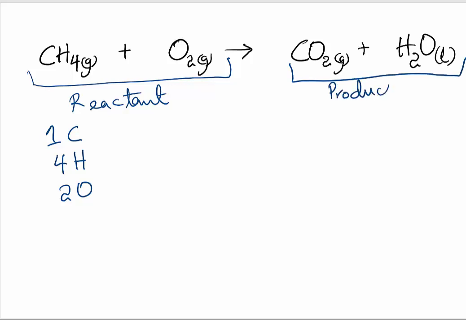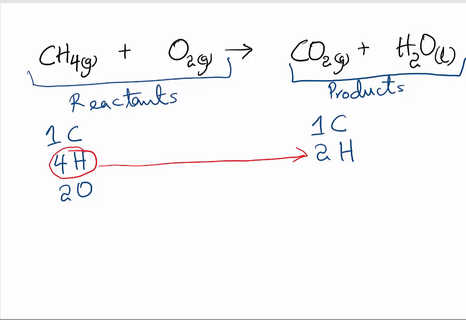What we get from the reaction would be the product. We have 1 carbon atom. We have 2 hydrogen atoms. That is not right because we began with 4 hydrogen. Now we are ending with 2 hydrogen atoms. That means we have destroyed 2 hydrogen atoms going from the reactants to the product.